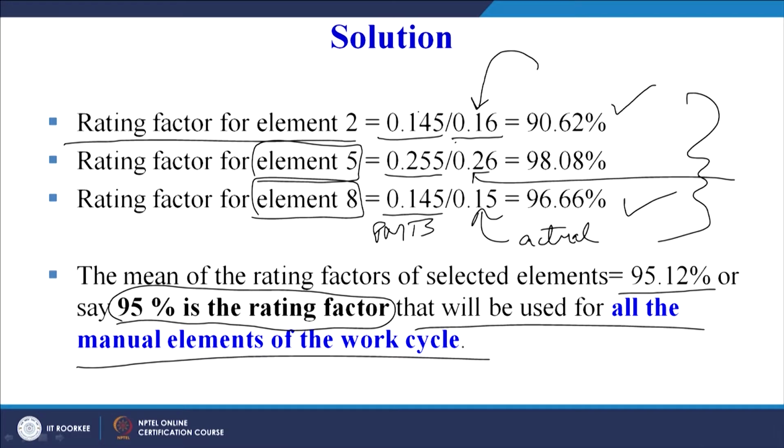We have taken the PMTS time divided by the actual time. Again I will go back to that slide and emphasize, this is the PMTS time divided by the actual time. This is the way we have calculated the rating factor, and then this averaged rating factor we have multiplied with the actual observed time to calculate the normal time.